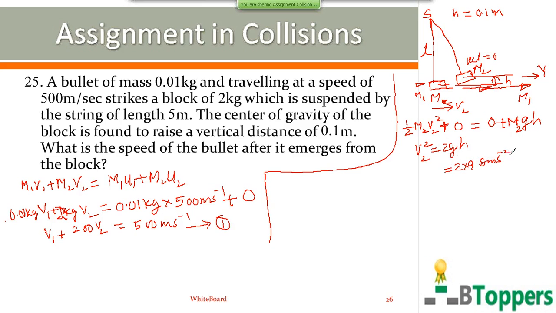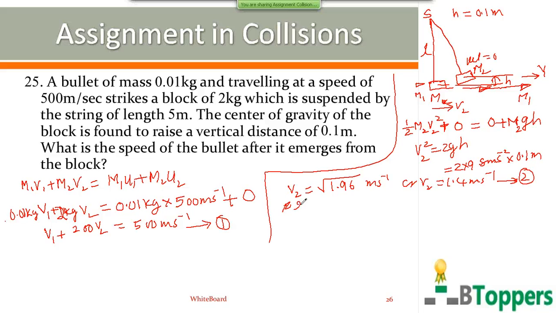g can be taken as 9.8 meter per second square, h equal to 0.1 meter. So you get v2 equal to root of 1.96 meter per second, or v2 equal to 1.4 meter per second. You can substitute this value of v2 into the first equation.